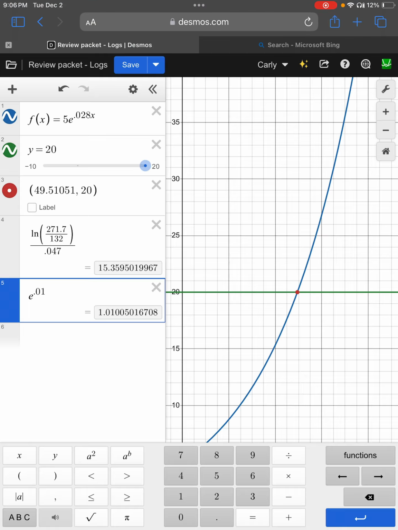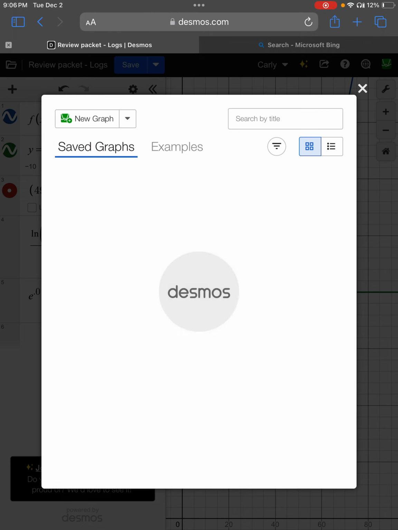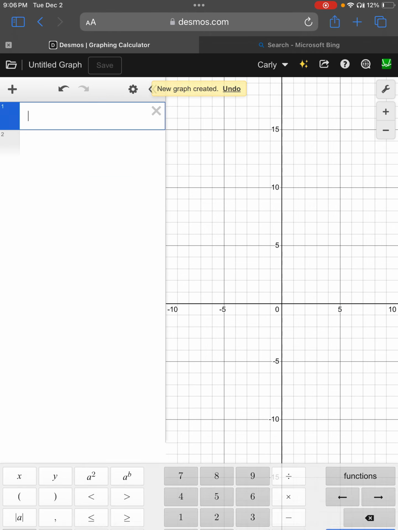Okay. I am gonna do a whole new thing. And I'm not going to lose this function because I want it for tomorrow. Give me a new graph. All right.